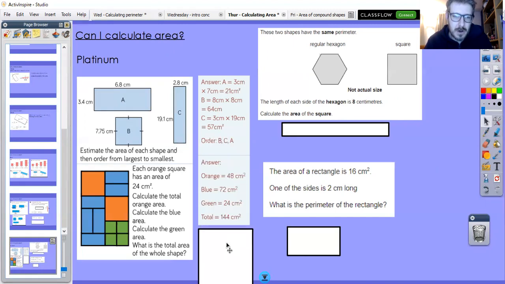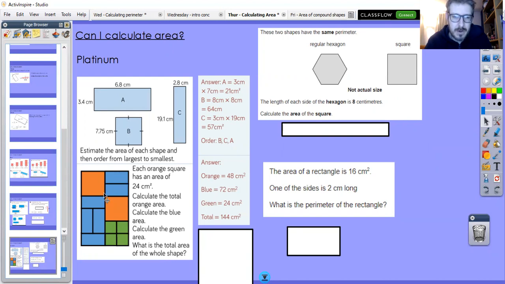And then this one, each orange square has an area of 24 centimeters. Calculate the total orange area. Calculate the blue area. Calculate the green area. What is the total area of the shape? So we can see that the orange area is worth 4 of the greens here, plus 2 of those.